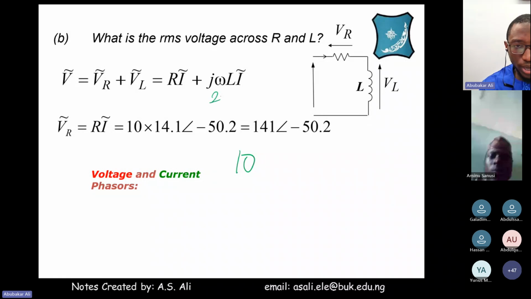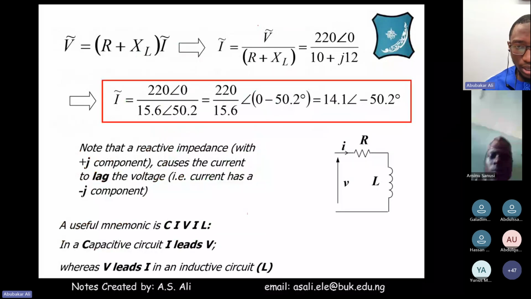We know 2 pi, and we know L is 0.038, and we did the math, and it gives us 12, no, 12 ohms, sorry. 12 ohms, j. So this part is j12, and this part is 10. So what is the current here? We calculated the current in the previous slide, the IRMS, as 14.1 angle minus 52.1.